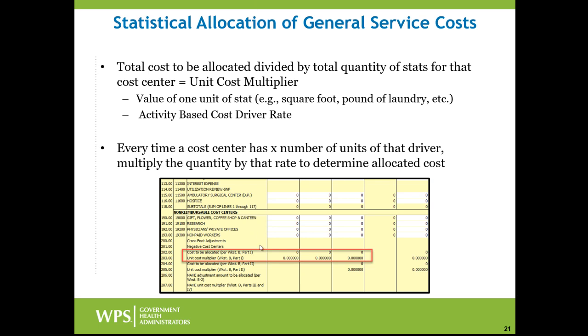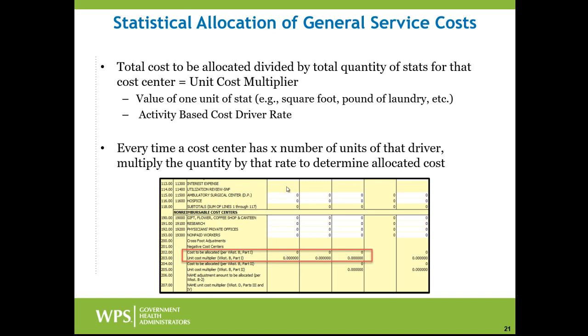But the way it's done on the cost report is that you take the total cost from worksheet B for that one overhead cost center, you divide it by the total quantity of whatever stat that cost center is using, like the total square footage, and that gives you what's known as a unit cost multiplier.